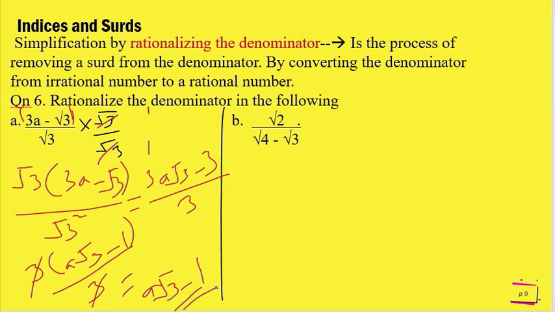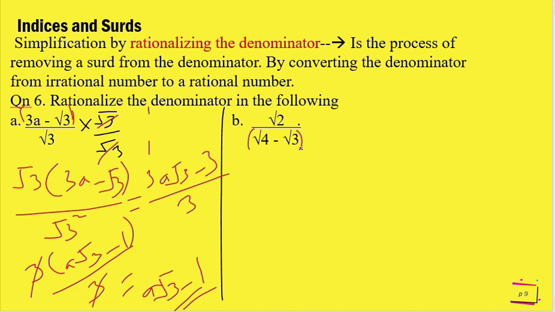That is the answer. Now to the second one, part B. Part B is a bit technical, but not that much, because when rationalizing a denominator having two terms, you multiply by a number that has a different sign.